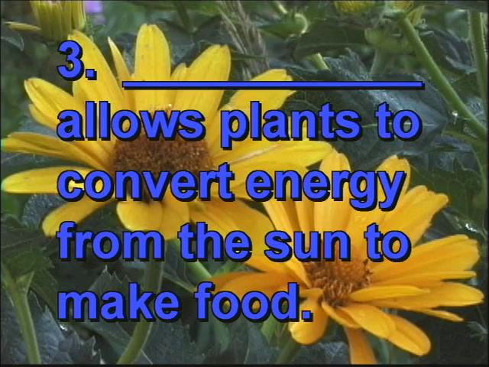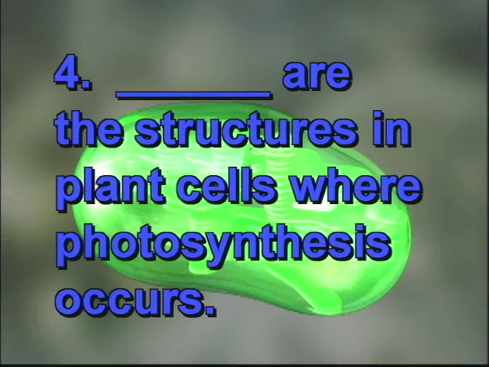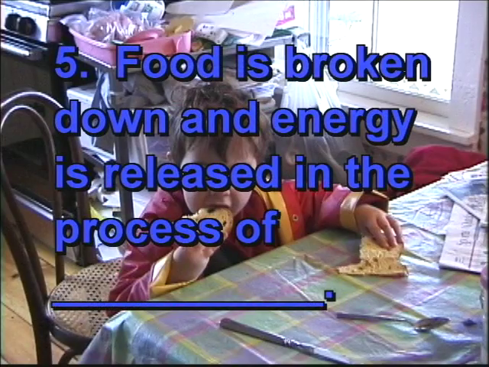Allows plants to convert energy from the sun to make food. Number 4. Are the structures in plant cells where photosynthesis occurs. Number 5. Food is broken down and energy is released in the process of.